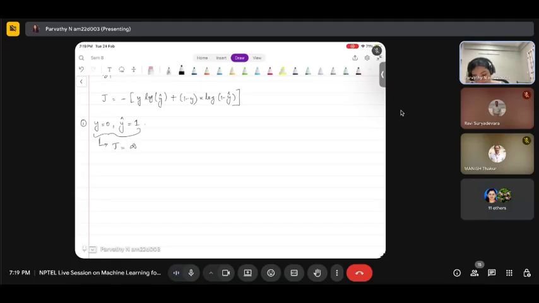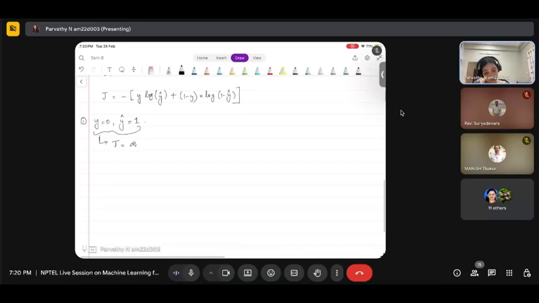When you substitute this, you can see that 0 into log of y hat is 1, so log 1, plus 1 minus 0 into, sorry, 1 log 0, so that is infinity. That is how it leads to an infinite value.